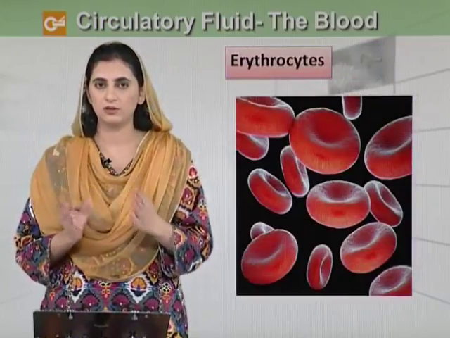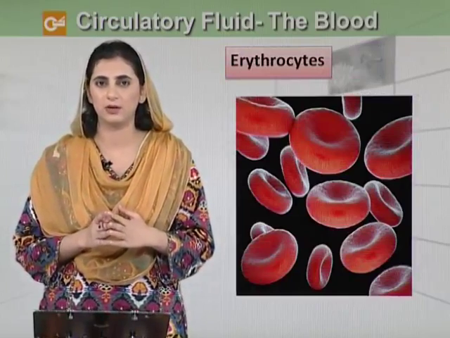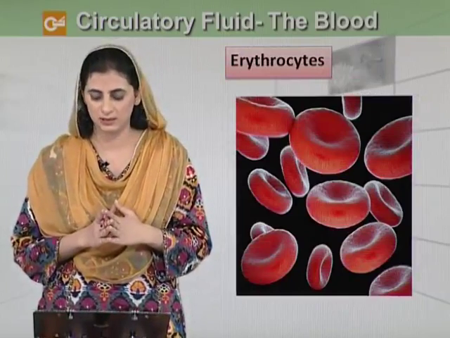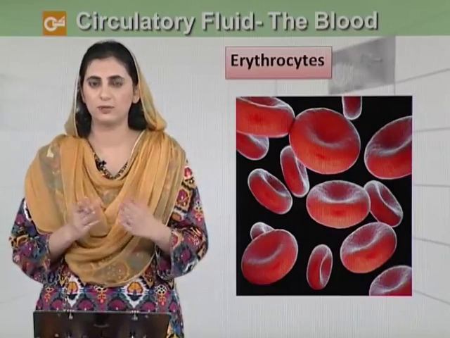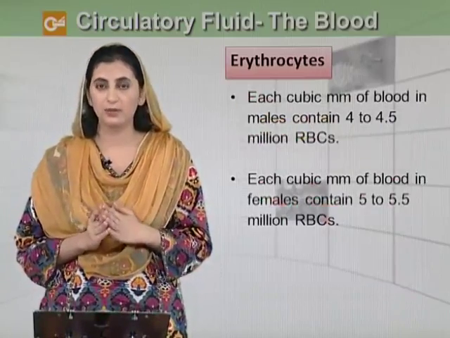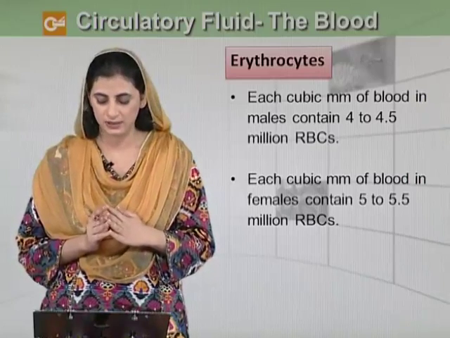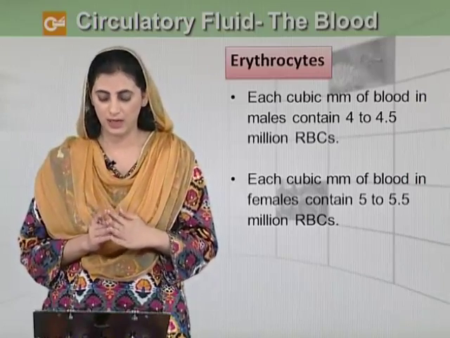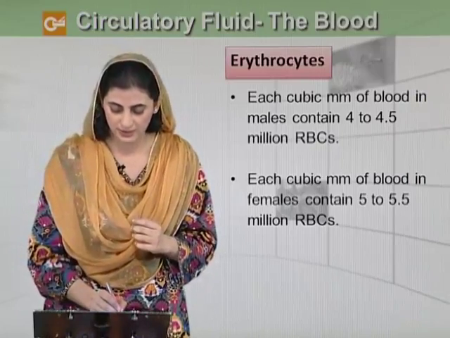First of all, the first cell type is erythrocytes, or it can also be called red blood cells. They actually have a role in the transport of oxygen. Each cubic millimeter of blood in males contains 4 to 4.5 million RBCs, while each cubic millimeter of blood in females contains 5 to 5.5 million RBCs.